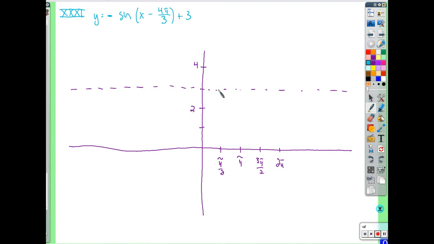It should come up to there, midline, minimum, midline again. But it's going to move to the right, 4 pi over 3, and then it's going to flip upside down. That's what that negative does. The amplitude's still 1, but now it's flipped upside down. Okay, so let's get rid of that and those points, and we will start from here.